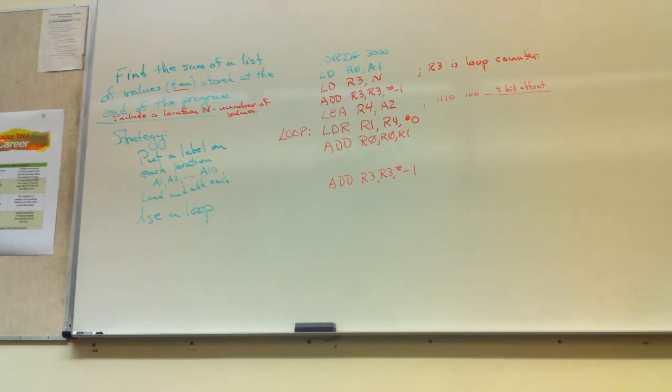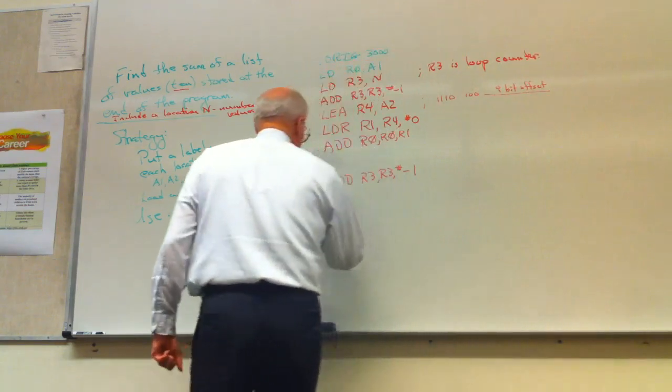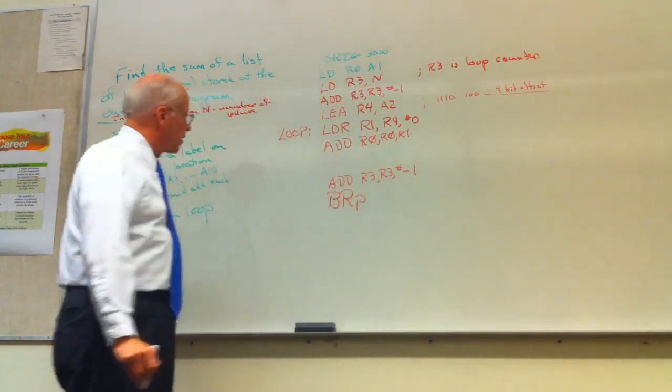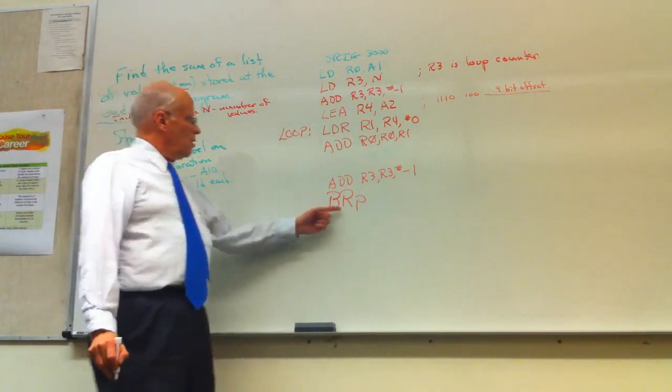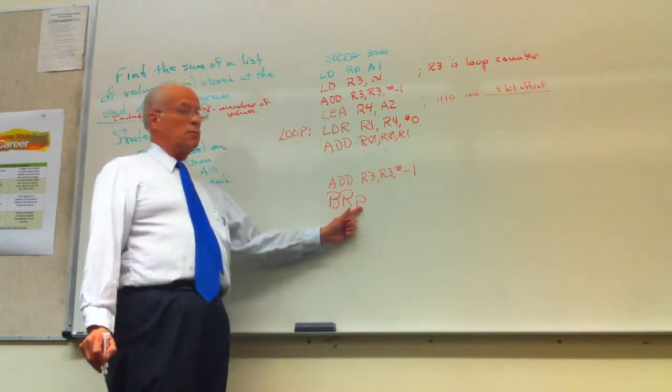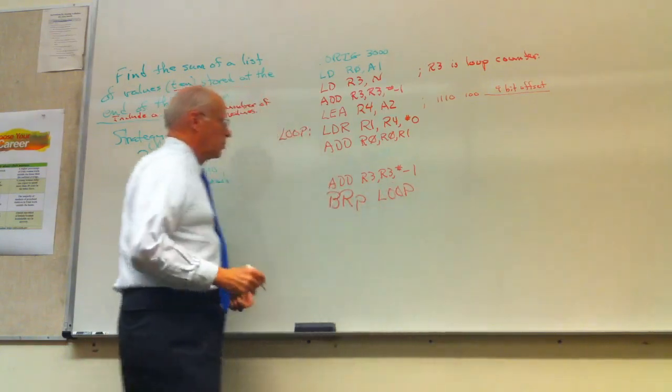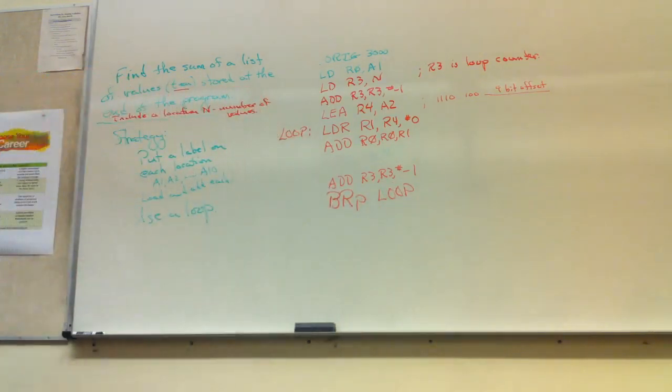I want to branch back onto my loop. They write it with a lowercase p. I think it'll work with an uppercase. Branch positive to loop. That's the actual code you write for that?